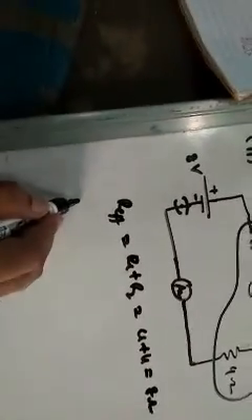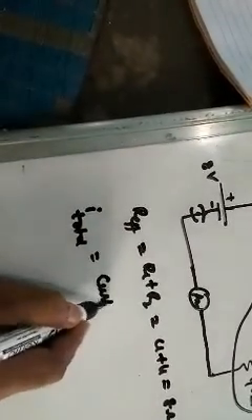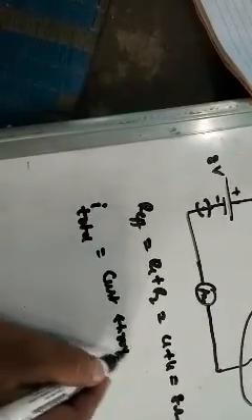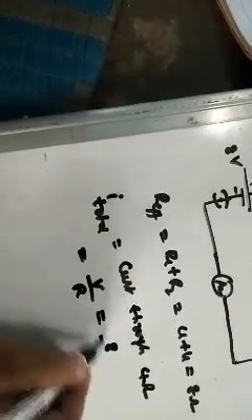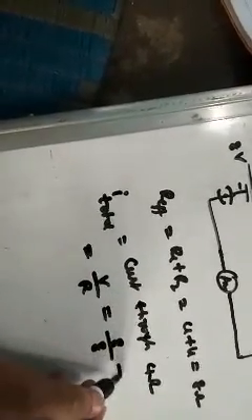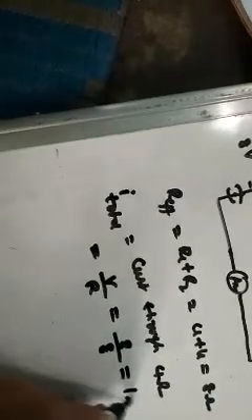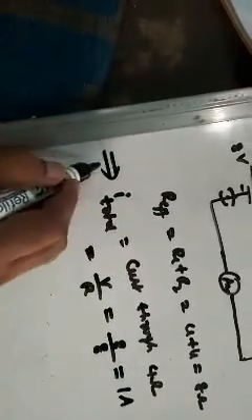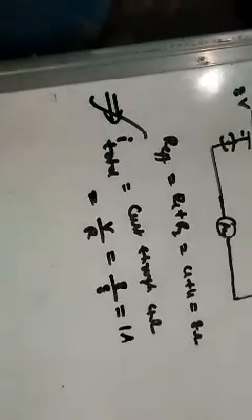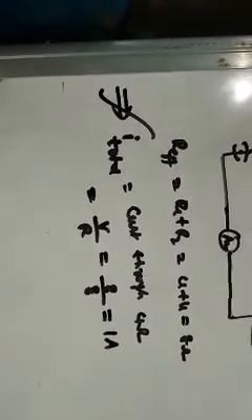So the total current is nothing but the current through the 4 ohm, both are the same. Formula: I is equal to V by R. V means 8 volts, R means 8. So you will get current equal to 1 ampere. This is the answer for the second question. Total current is nothing but current through the 4 ohm.